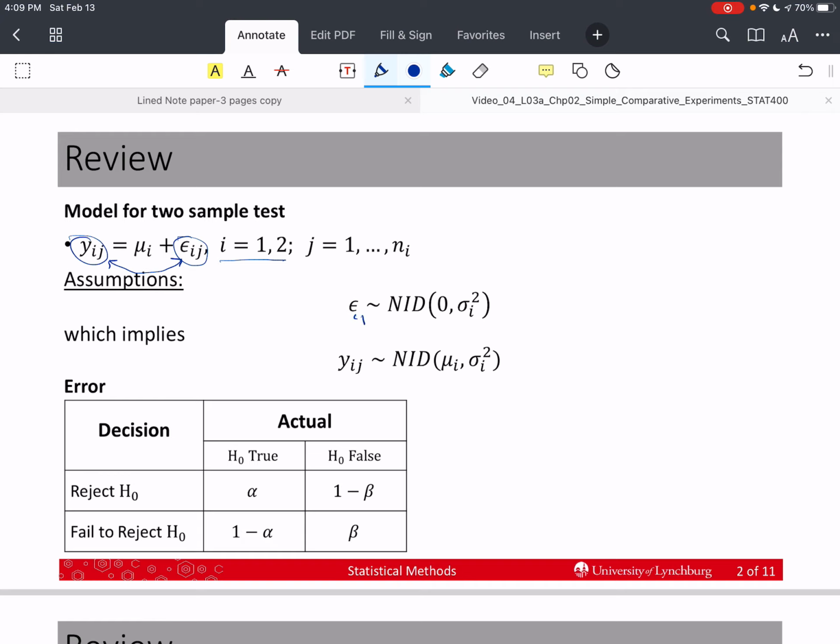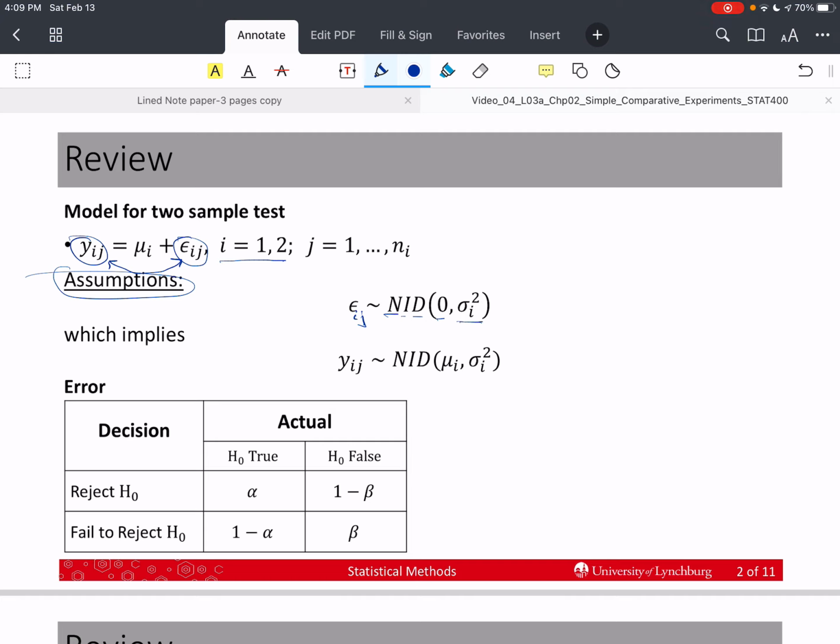And then epsilon ij, these are assumptions. The assumption is that the random errors are normally independently distributed with mean 0 and variance sigma sub i squared. So within each treatment level, the variance of all the observations in that treatment level are identical, but not necessarily identical to other treatment levels.